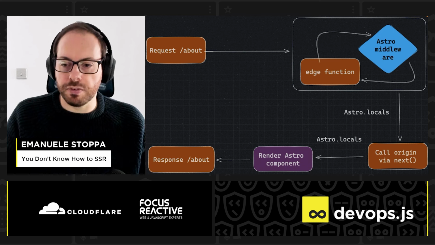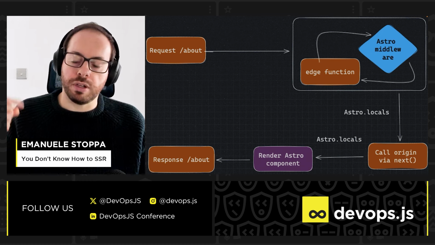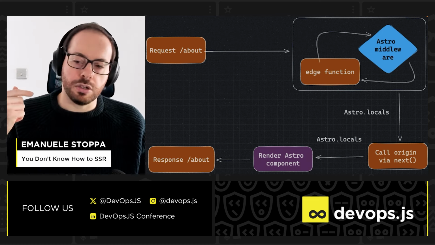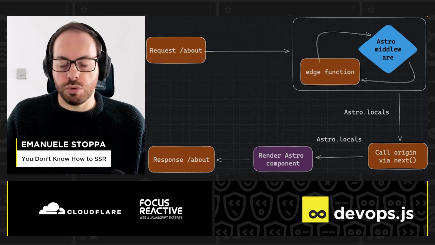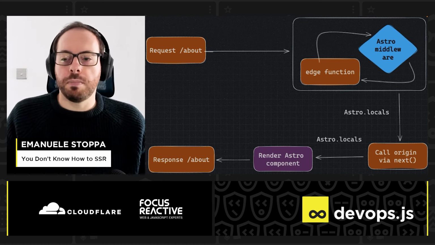As I said before, on Vercel, inside the edge function, we create a next function. What does this function do? It does a fetch to the origin. And when we do the fetch, we pass these locals.